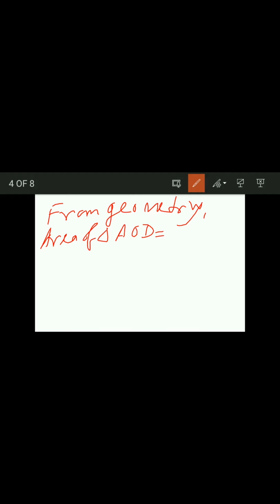But from the geometry of the figure, we find that area of triangle AOD equals area of triangle AOC plus area of triangle ACD.